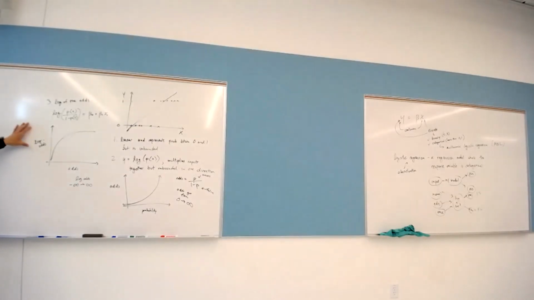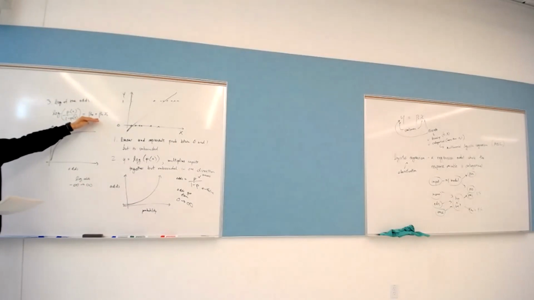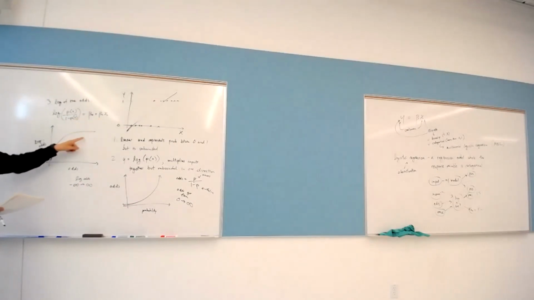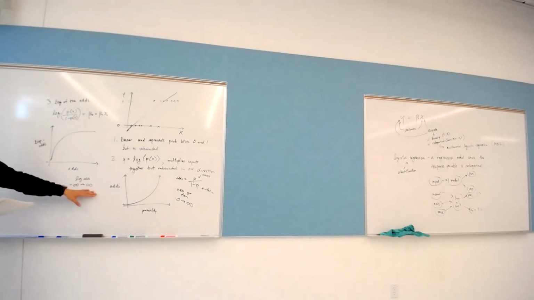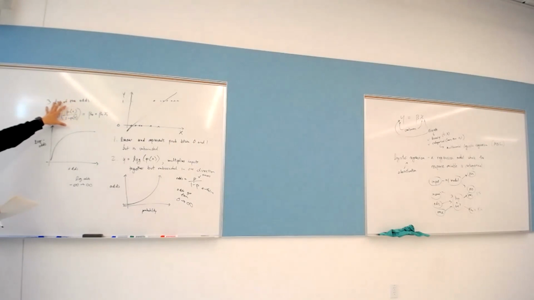So this is allowing us to go into a sort of linear form that's now allowed to go from negative infinity to infinity. So essentially what we've done is manipulate our data in such a way that I can now go back to running this linear regression type of equation.